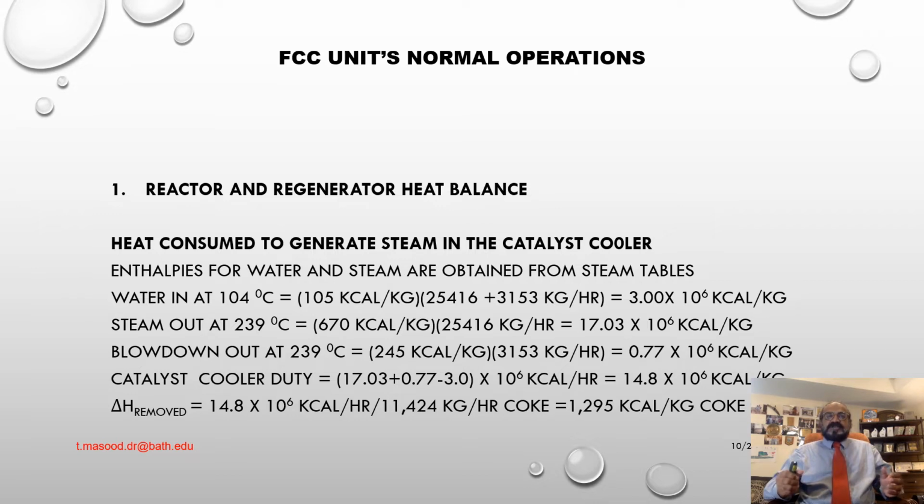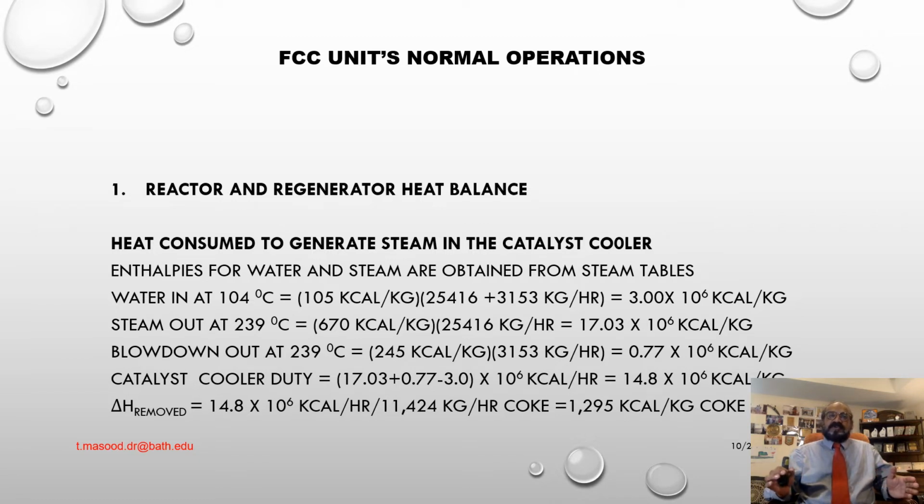Number two, steam out at 239 degrees Celsius is equal to 670 kilocalorie per kg times 25,416 kg per hour, which is equal to 17.03 times 10 to the power 6 kilocalorie per hour.